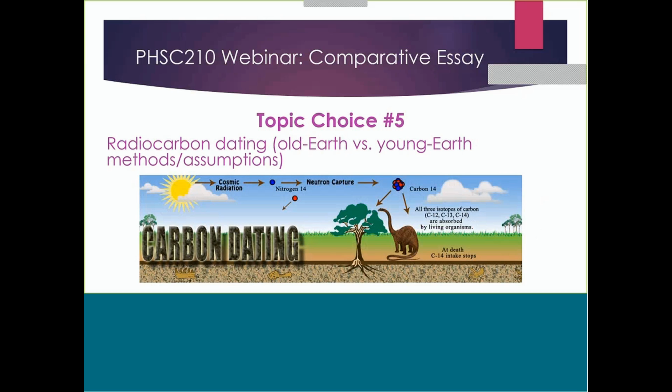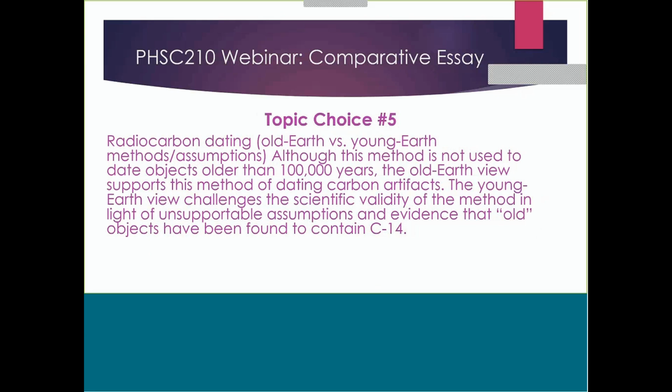And finally, topic choice number five, radiocarbon dating, old Earth versus young Earth, methods and assumptions. So carbon dating is a frequently used term. It comes up in news items pretty often. This method is not used to date objects more than 100,000 years old.